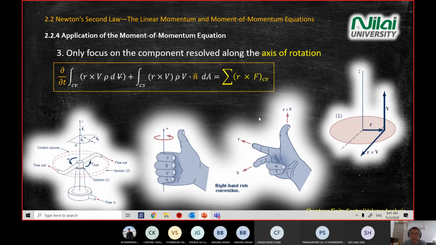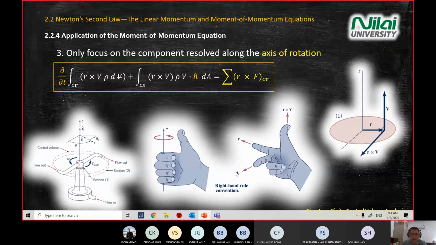And this diagram on the left-hand side. So when you open your hand, and then you do like a gun position, your index finger represents the r.